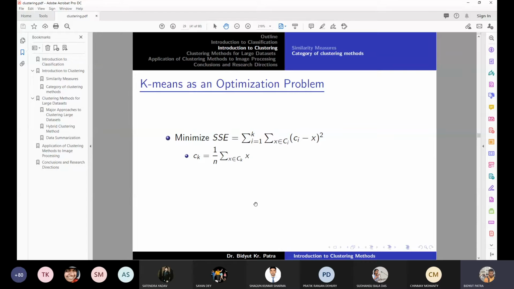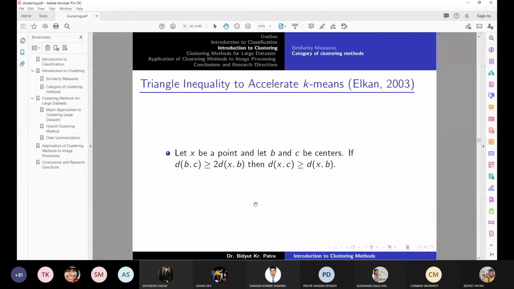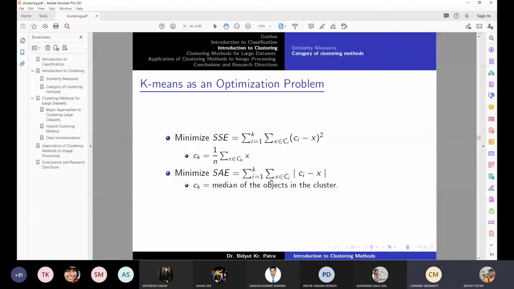Anyone is having any doubt? No doubt. So no doubt that you didn't understand, or no doubt that you really understood? Which one is correct? Chinmay, respond. Someone should respond. Who is the volunteer? Who is the CR?